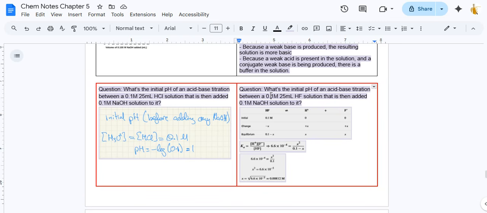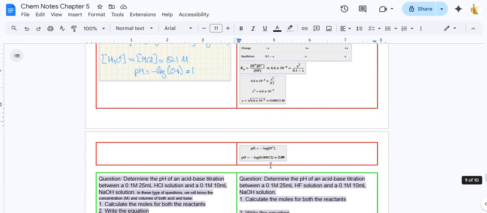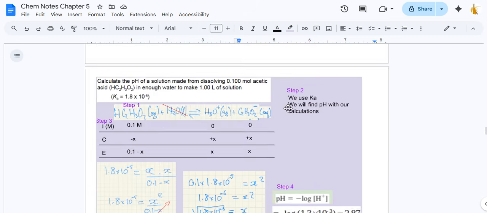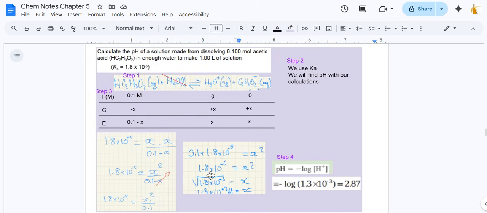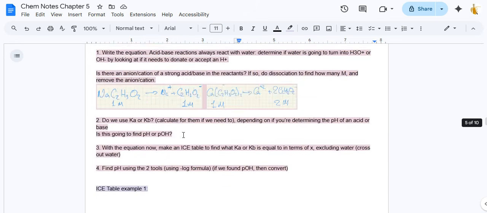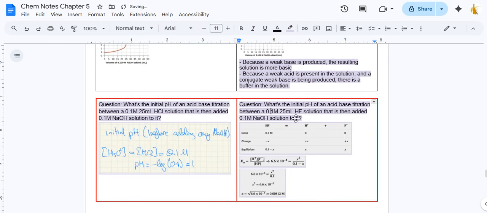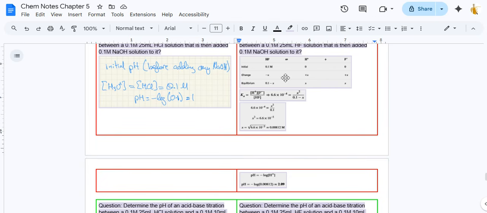It's the same exact way of doing as the ice tables we did before. Same exact steps. I'm not gonna go over it because it's the same thing, but I put it here so you can look at them if you want.